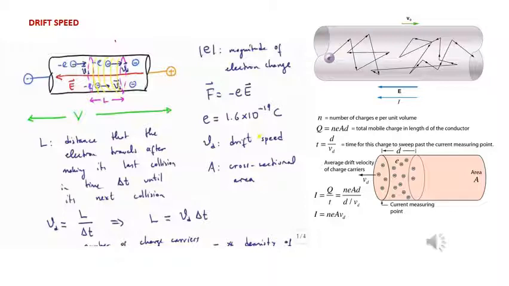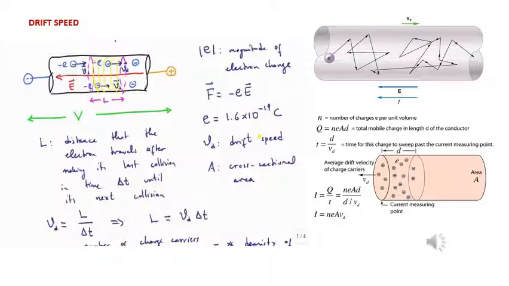And always the electric field is directed from positive to negative, you know, from a positive charge the electric field line leaves, and in a negative charge the electric field line enters. So the electric field is always directed from the positive to the negative. As a result, the electrons will try to move in the right direction.